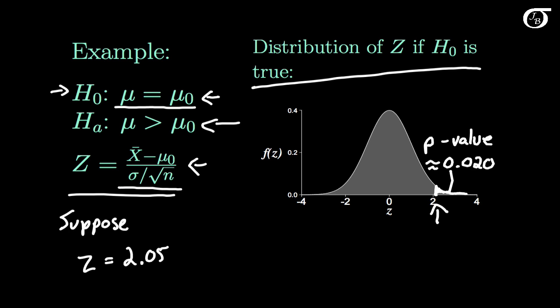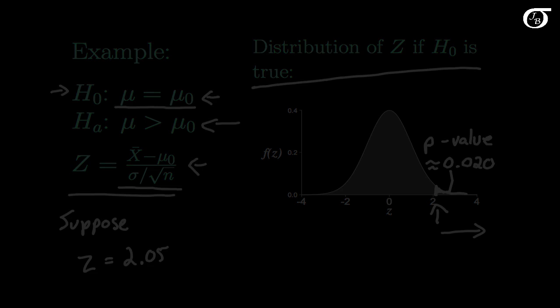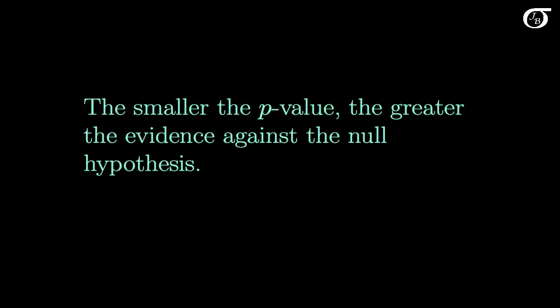In this particular setting, the farther out in the right tail the observed value of the test statistic is, the smaller the p-value and the greater the evidence against the null hypothesis. And this is true in the more general setting. The smaller the p-value, the greater the evidence against the null hypothesis.